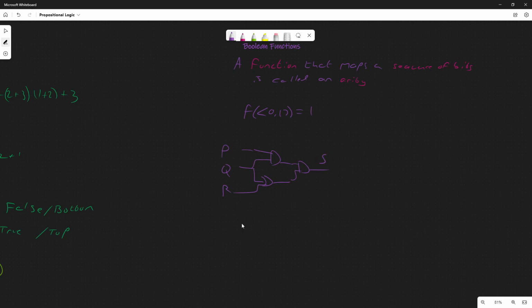This takes 3 bits and turns them into 1 bit. So we can represent this as a function, a Boolean function called an arity. There isn't much to say about these. Just as a final aside, these are Boolean functions. They're called arities, and they are an alternative way of representing logical propositions as well as circuits.